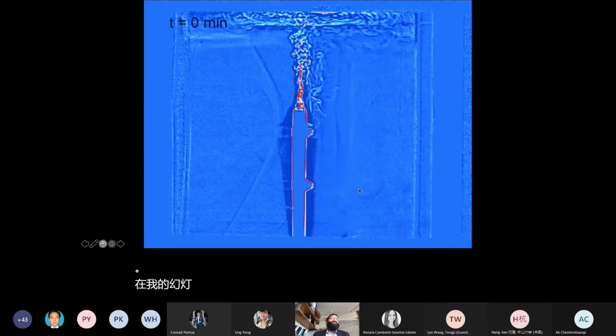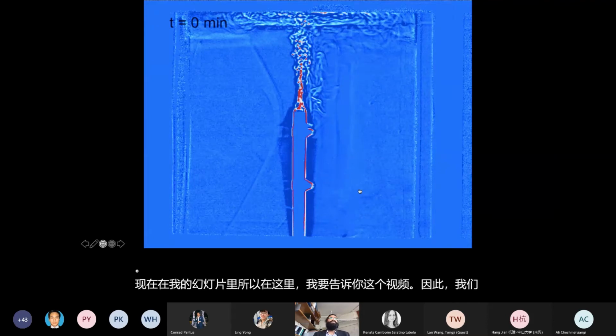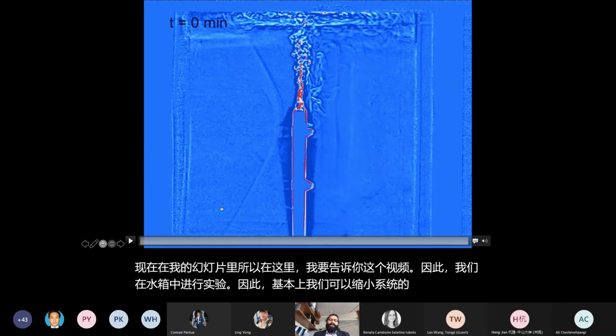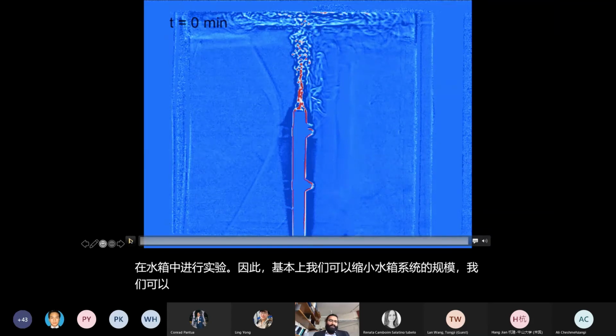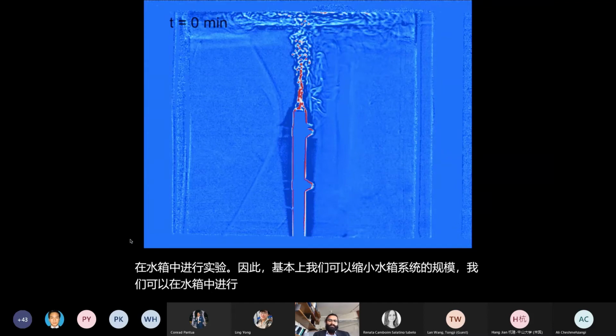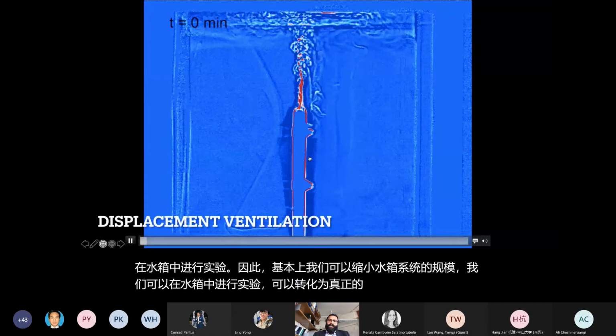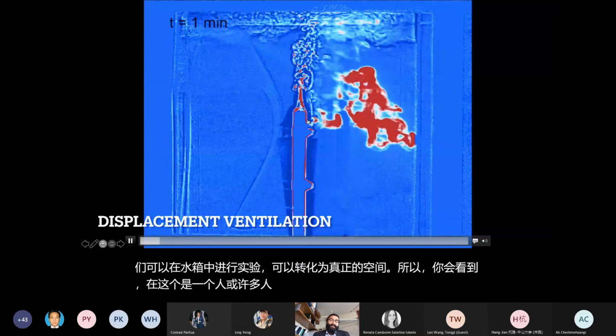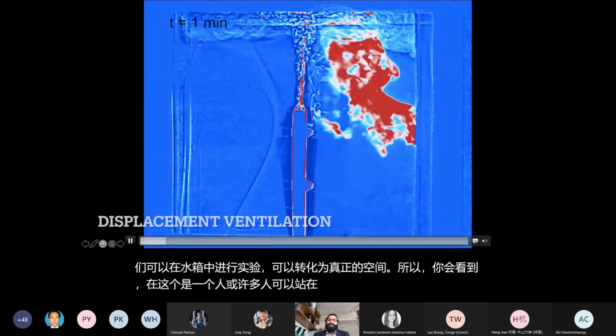So here I'm going to show you this video. We carry out experiments in a water tank. Essentially we can scale down the system in a water tank, and the experiment can be translated into a real room. What you'll see in this is a mannequin standing, and the body plume creates a stratified environment.